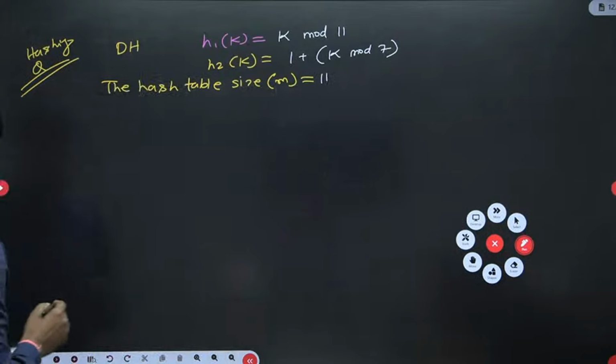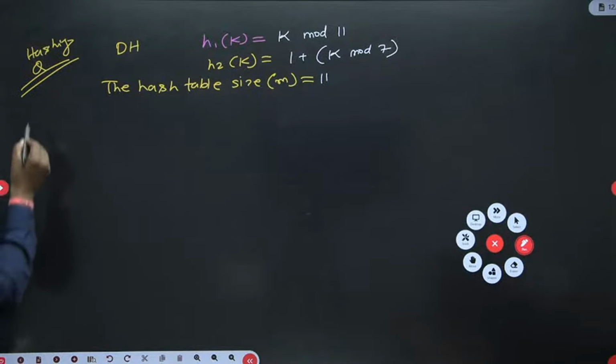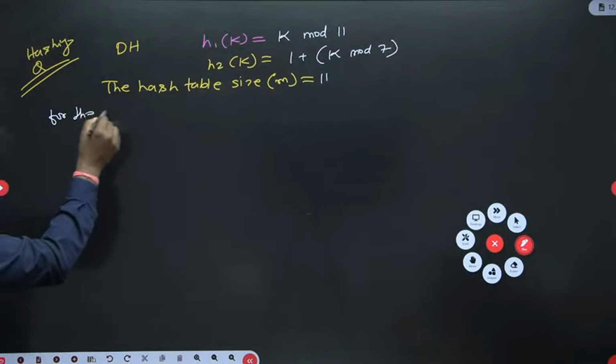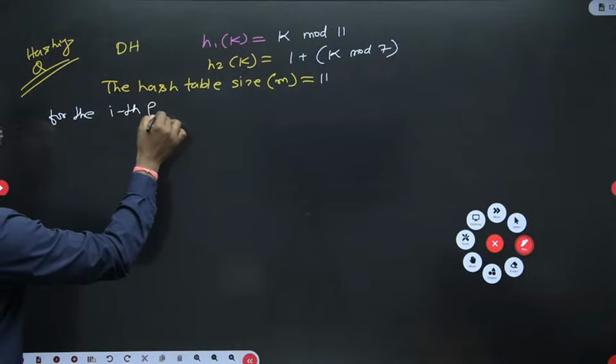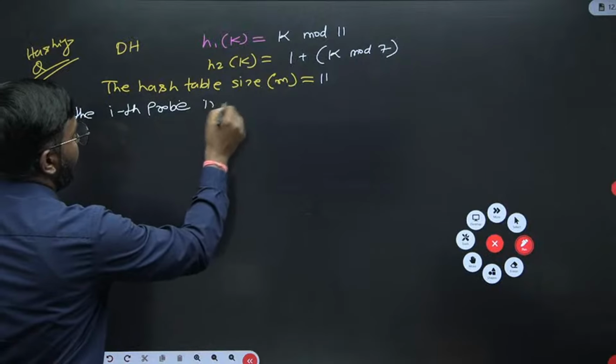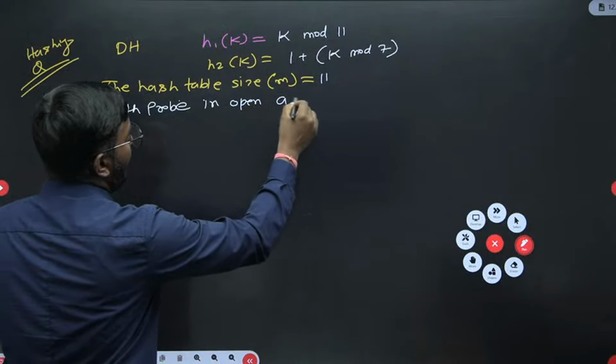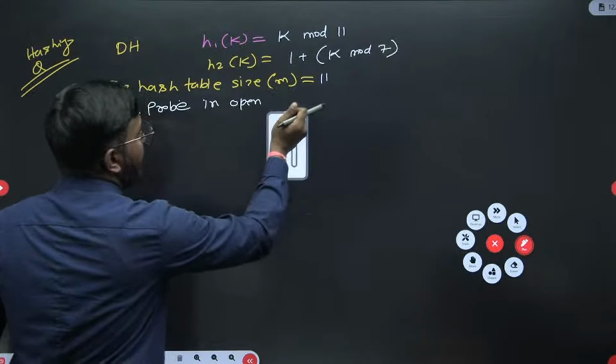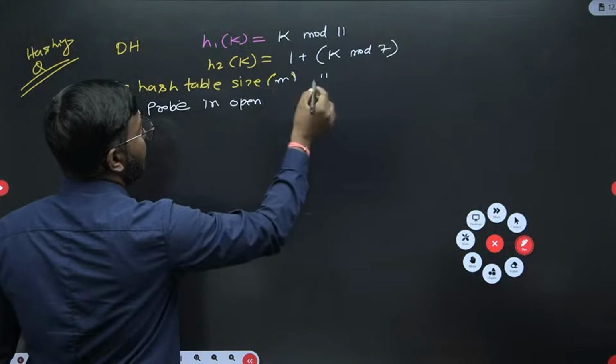Now in the question it says, for the ith probe in an open addressing table, the size m is 11 only.